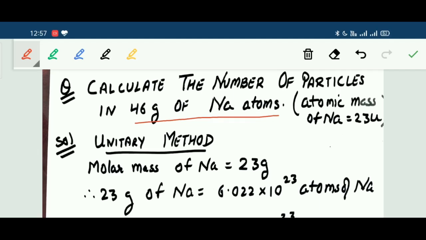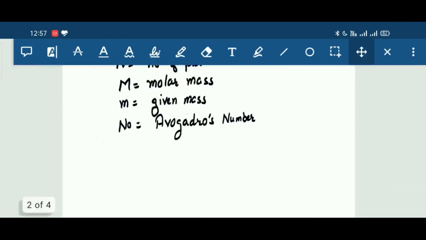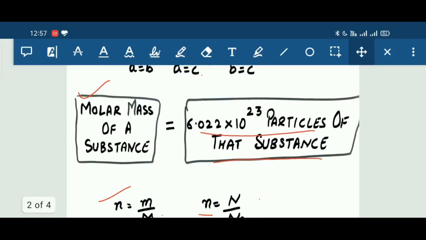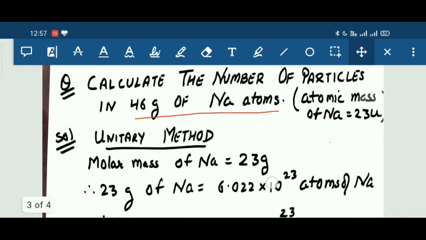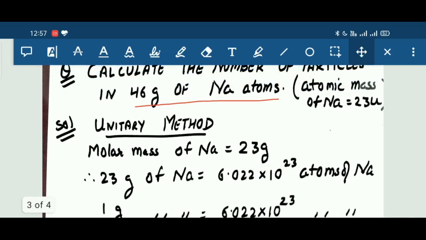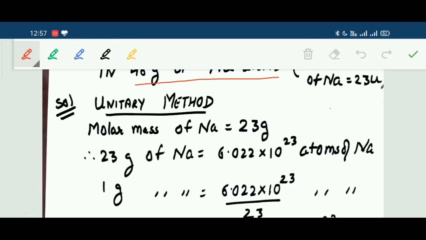Now in this case we have to find particles and we are given mass. And we know that molar mass is equal to Avogadro's number of the particles. So since sodium is an atom, molar mass of sodium will be equal to atomic mass, that is 23 g, because its atomic mass is equal to 23.